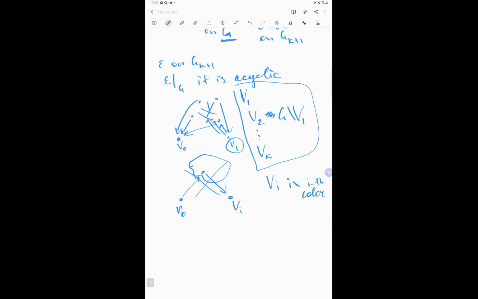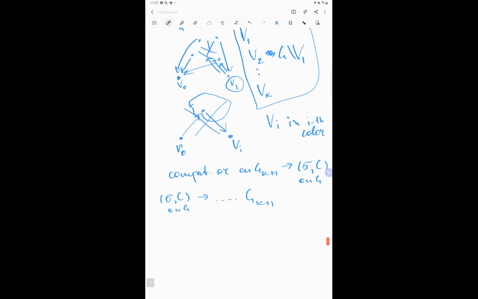And the map was the map from compatible orientations on G_{k+1} to pairs on G. And another map from pairs on G to compatible orientations on G_{k+1} looks like this.